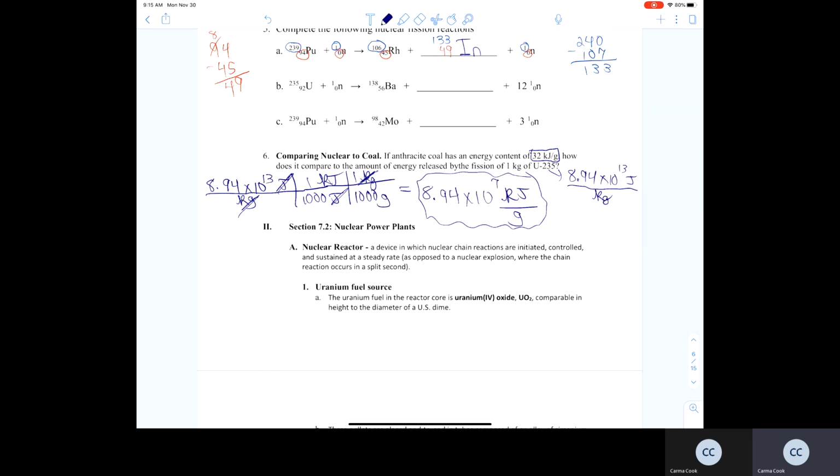Whereas burning coal only gives you 32 kilojoules per every gram of anthracite coal burnt. So you can see that you get a whole lot more energy in kilojoules per every gram of uranium-235 that's split than you do for every gram of coal that's burnt. So nuclear power plants give us so much more energy per gram of fuel than a coal burning power plant. That is a very, very stark contrast.